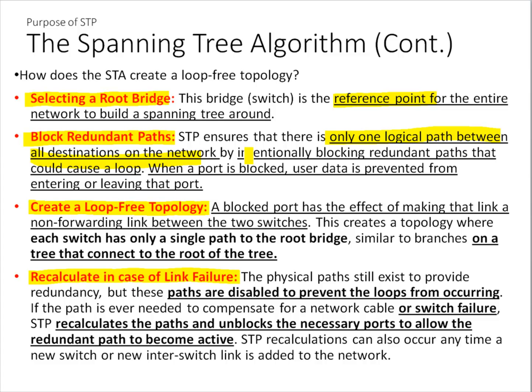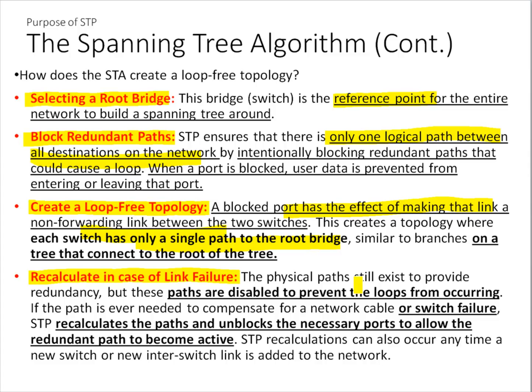The protocol will automatically close it, but this is the second step. Then the next one is a blocked port has the effect of making the link non-forwarding. Once it is blocked, it is not going to forward any packets on that particular port. Automatically it will check that only a single path will be available to the root bridge. So this is the third step.